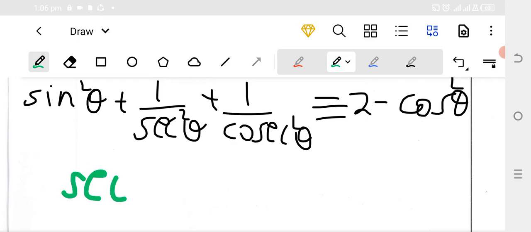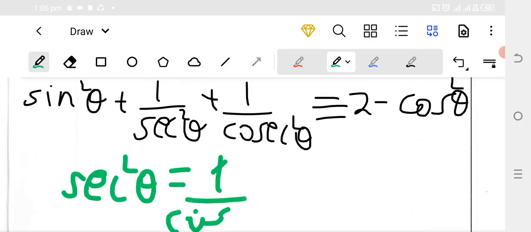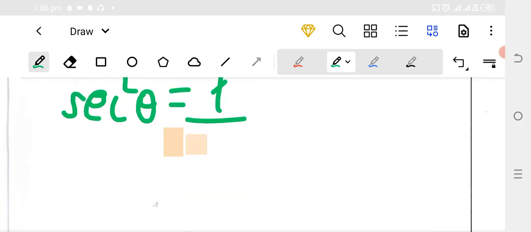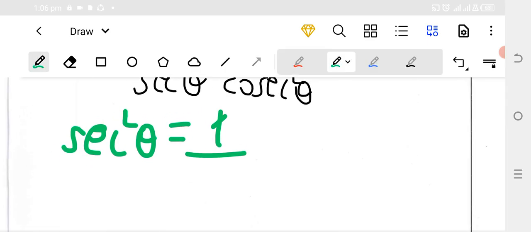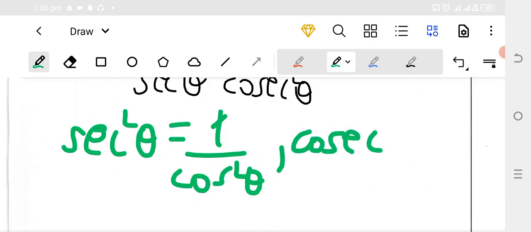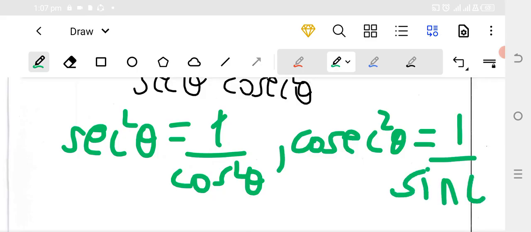Sec theta squared is equal to 1 over cos theta squared, and cosec theta squared is equal to 1 over sine theta squared.